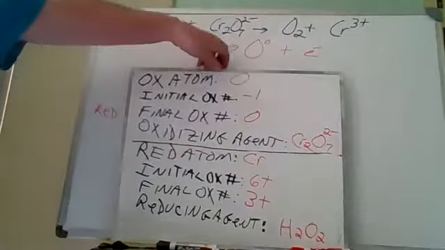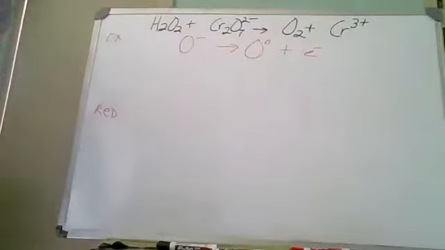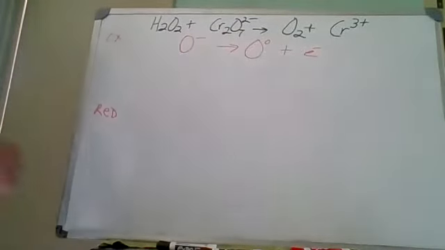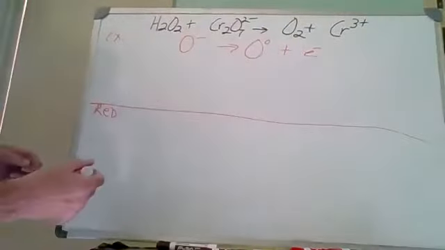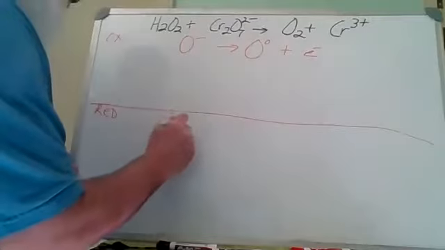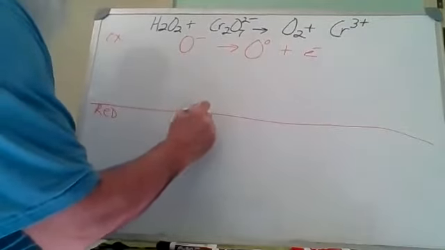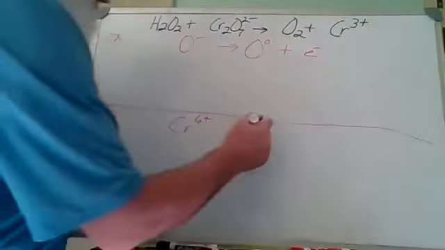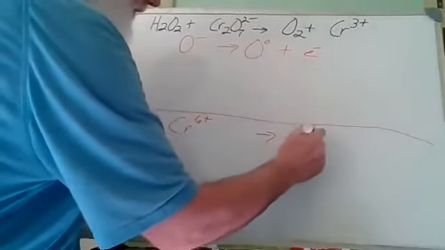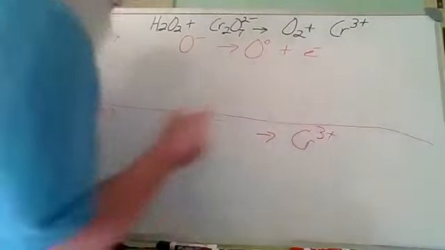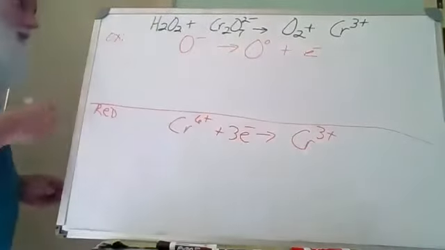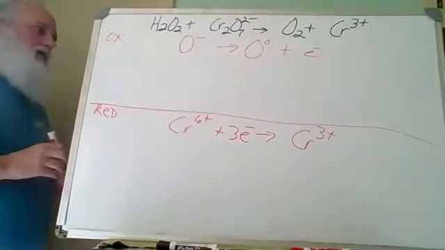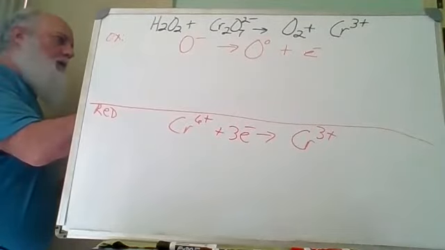Now we'll put the chromium on the reduction half reaction. We had chromium starting out at +6, ending up at +3, and to get there, I have to add 3 electrons.